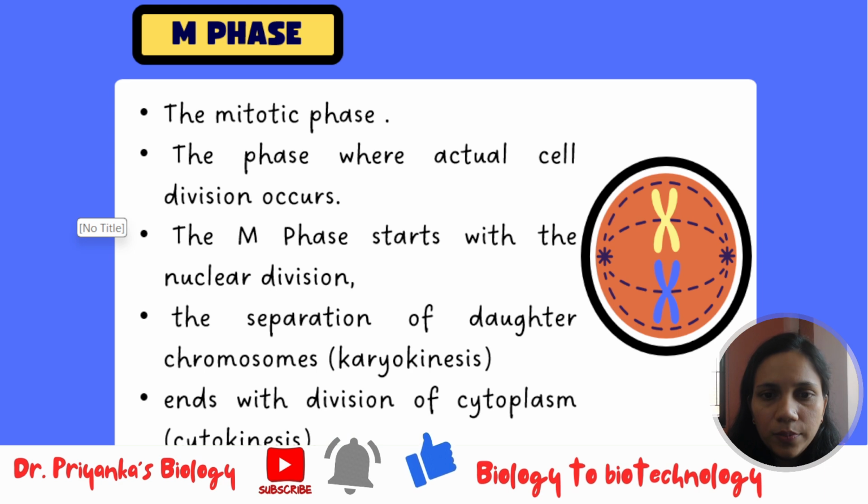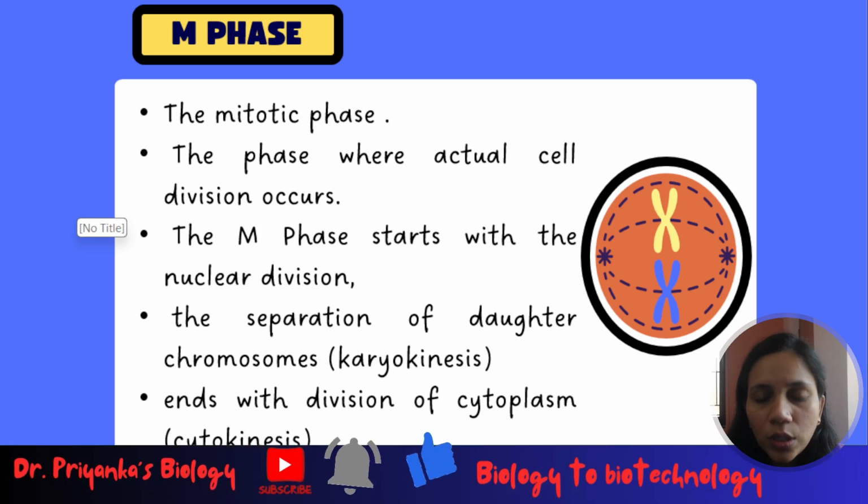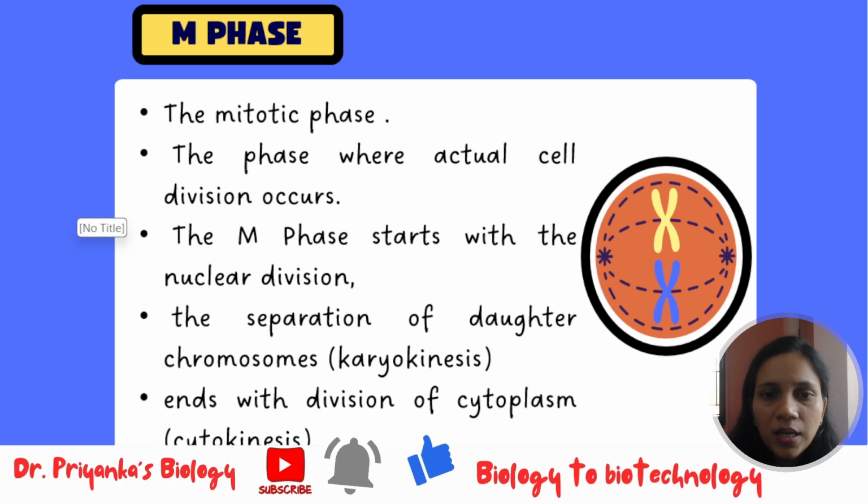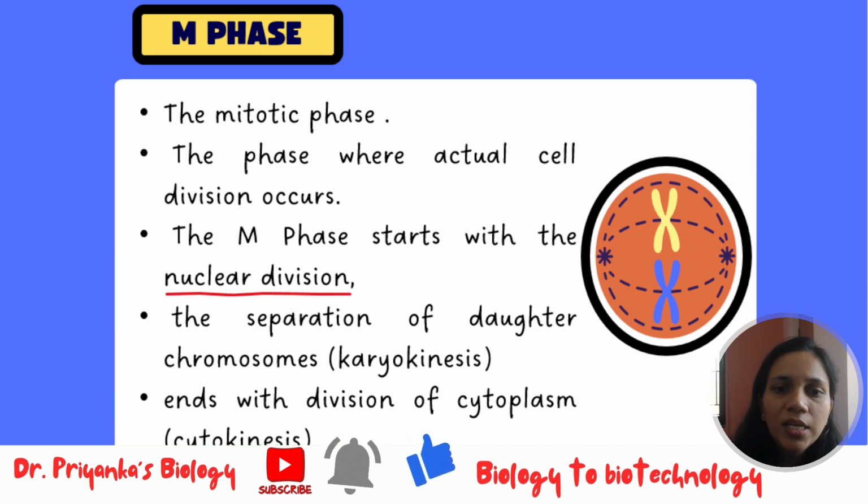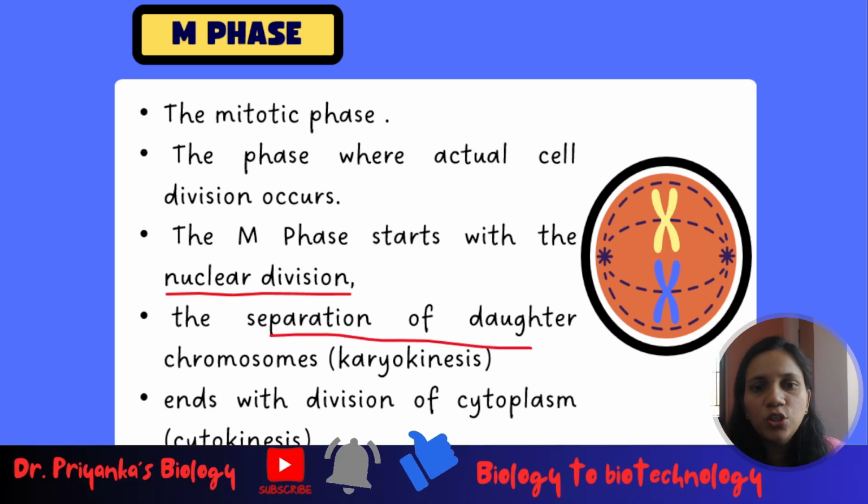Alright. So in your M phase, the first thing that is going to occur is nuclear division, followed by separation of the daughter chromosomes. First part is the nuclear division. Second part is going to be the separation of the daughter chromosomes.